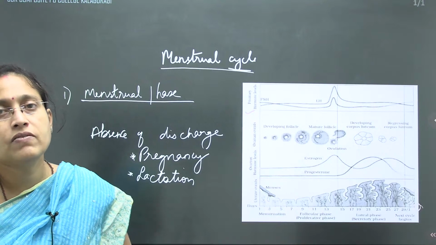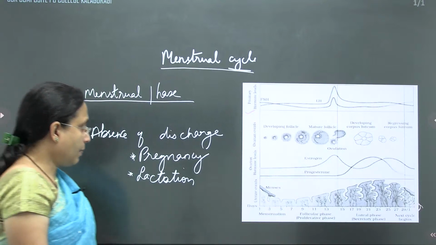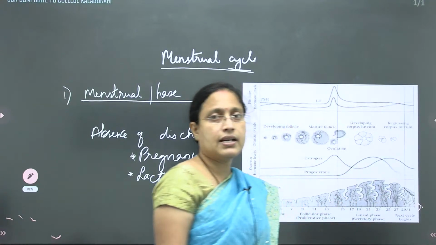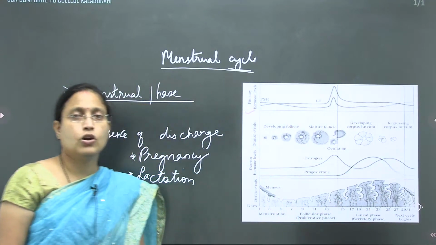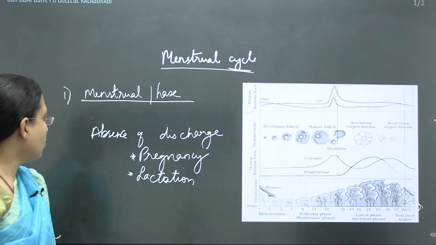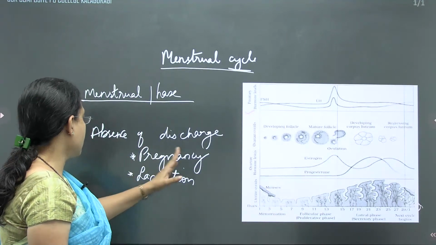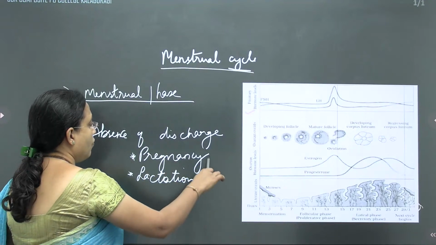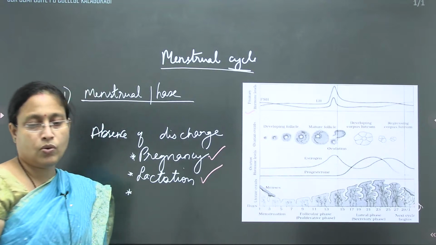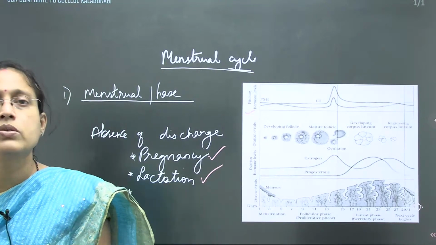Because of the absence of certain hormones, some events in the cycle get disturbed. As a result, no menstruation occurs. The third reason is hormonal imbalance, of course.